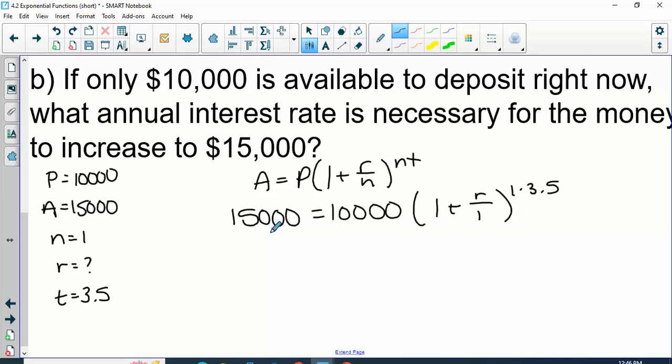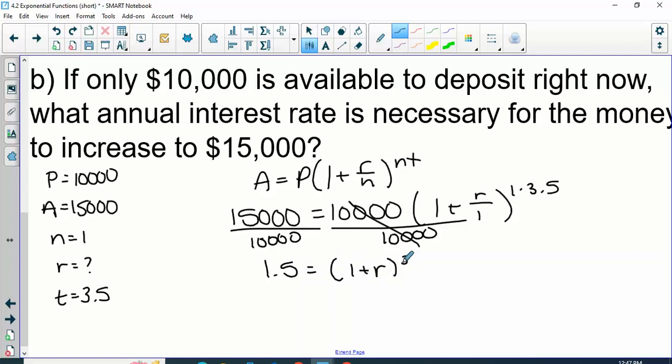What could we do here? What should I do with my 10,000? Start there. It's multiplied, so we divide. We get 1.5 equals 1 plus r divided by 1, which is r, to the 1 times 3.5, which is 3.5.